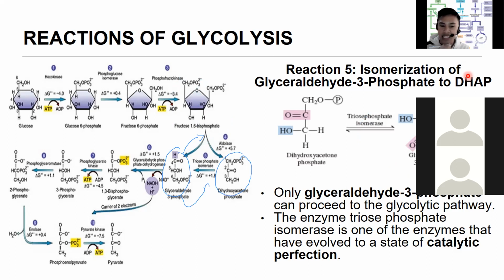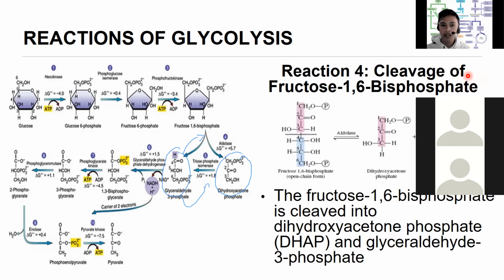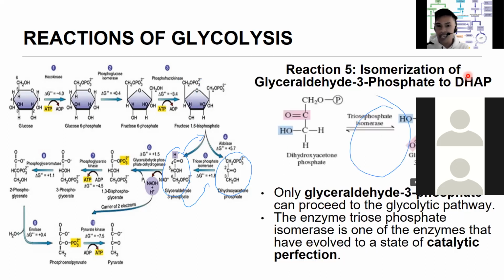Am I making sense? Okay. Pag-cleave sa step 4, you already produce 1 glyceraldehyde 3-phosphate. But in stage 5, the dihydroxyacetone phosphate is converted now to glyceraldehyde 3-phosphate.